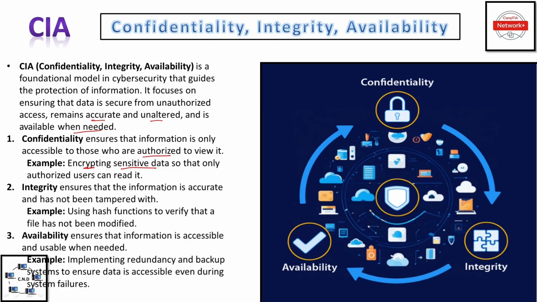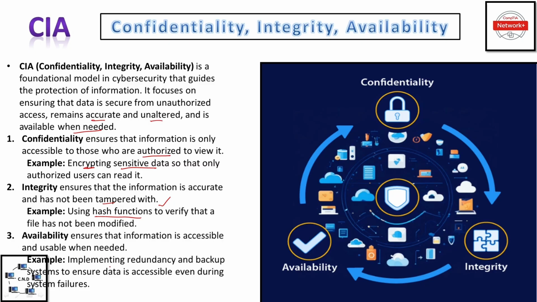Integrity ensures that the information is accurate and has not been tampered with, for example, using a hash function to verify a file has not been modified. So, hashing or hash functions are primarily used for data integrity. And similarly, availability ensures that information is accessible and usable when needed.